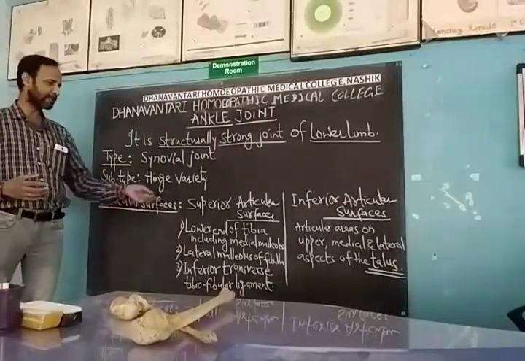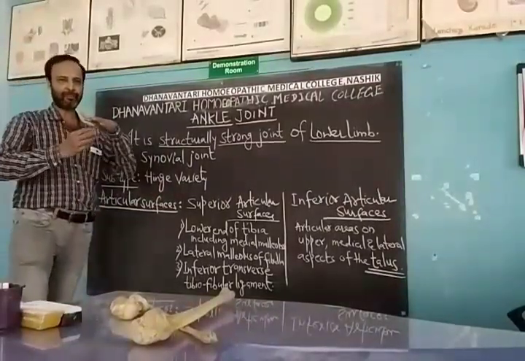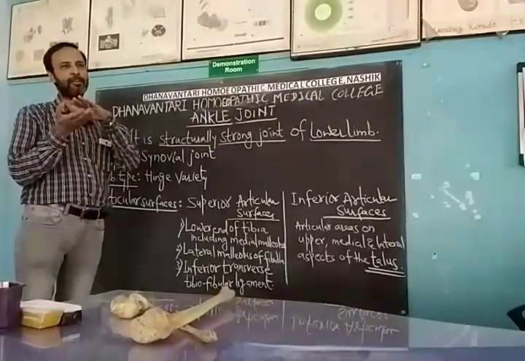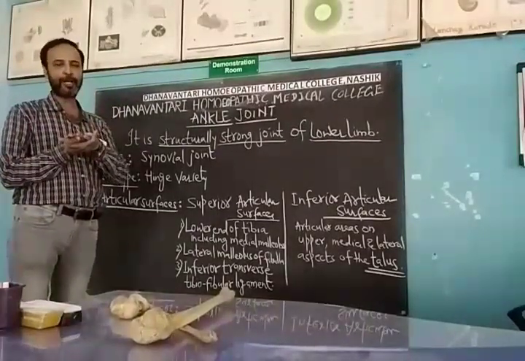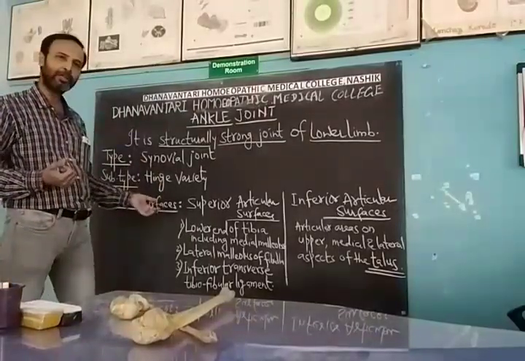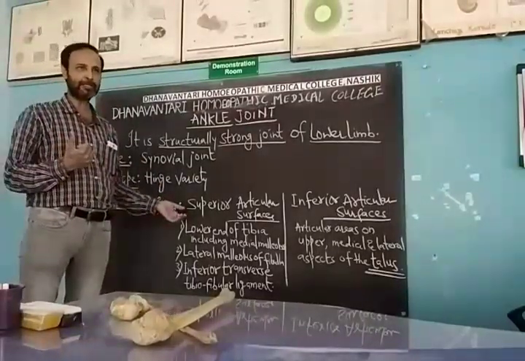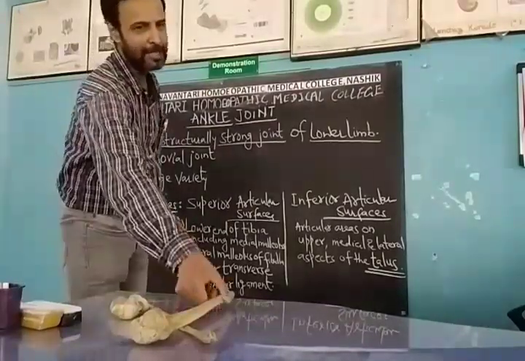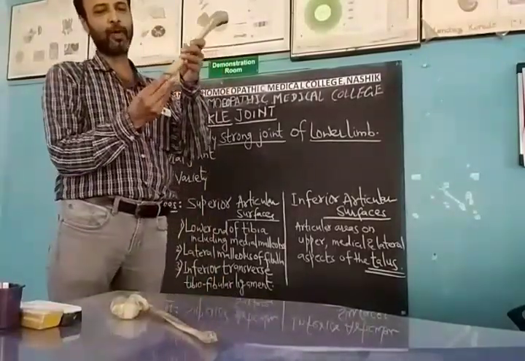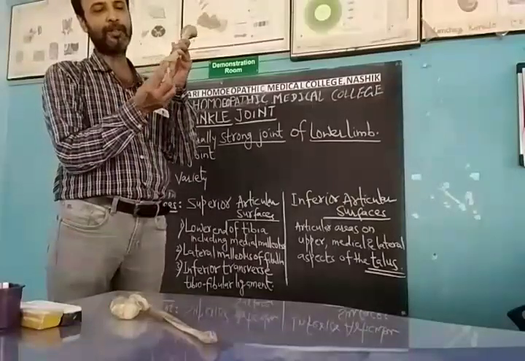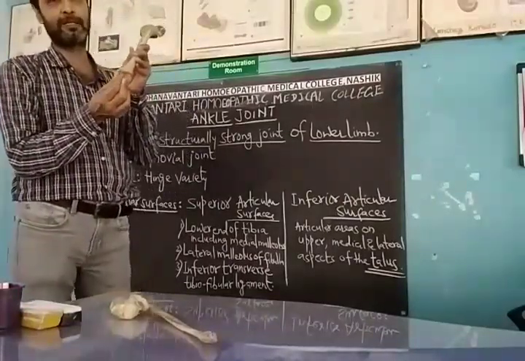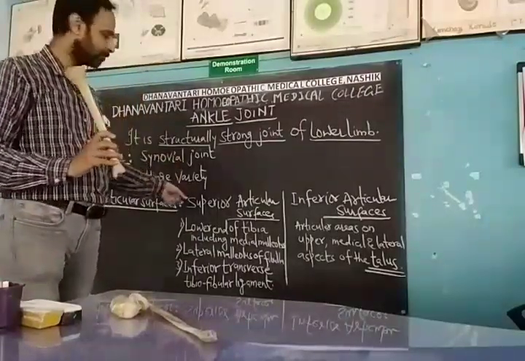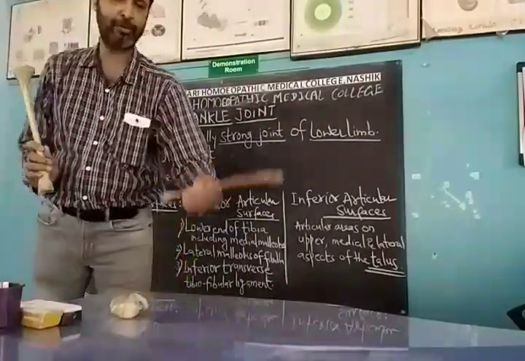In the articular surfaces, we will classify them, and we will also show you on the bone, into the superior articular surface and the inferior articular surface. The superior articular surface is formed by three parts. The first is the lower end of the tibia, including the medial malleolus. The second is the lateral malleolus of the fibula.